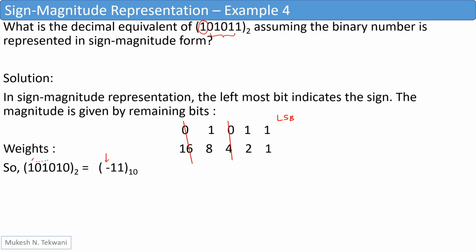So this bit 1 is to indicate that it is a negative number, and the rest of the bits are giving us the magnitude of that number. And this is how we convert from decimal to binary and binary to decimal, assuming the sign magnitude form.